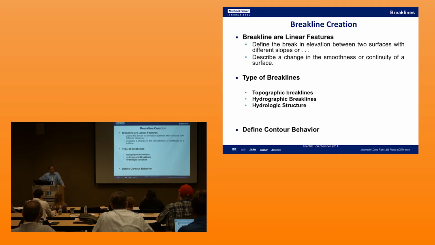The topographic breaklines, as you know very well, are all the roads, the edges of pavements. The hydrographic breaklines are primarily the lakes, ponds, rivers, streams, etc. And the hydrologic structures are primarily bridges, retaining walls, and so on and so forth.